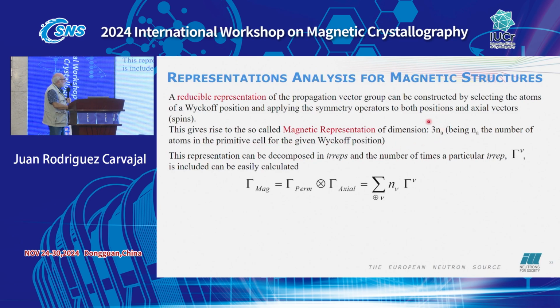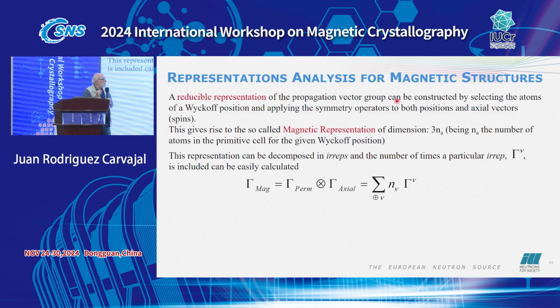You can construct a representation which is 3 times Na, because we have X, Y, Z, and Na is the number of atoms that you have in the primitive unit cell. When you do this calculation, just applying the symmetry operators can be very simple. Just for positions, you can number the different elements of the Wyckoff position 1, 2, 3, up to Na, and the XYZ.